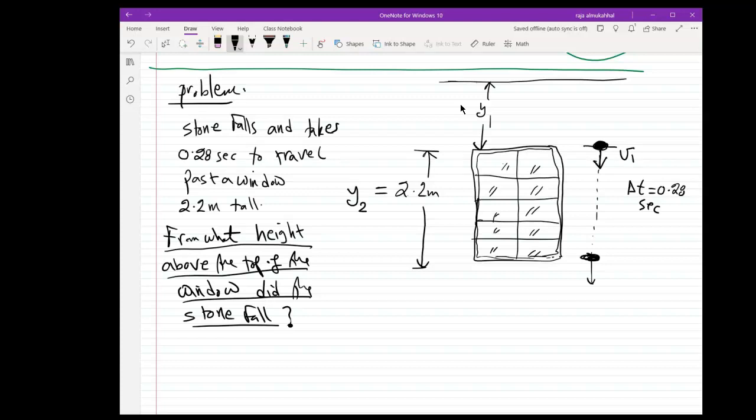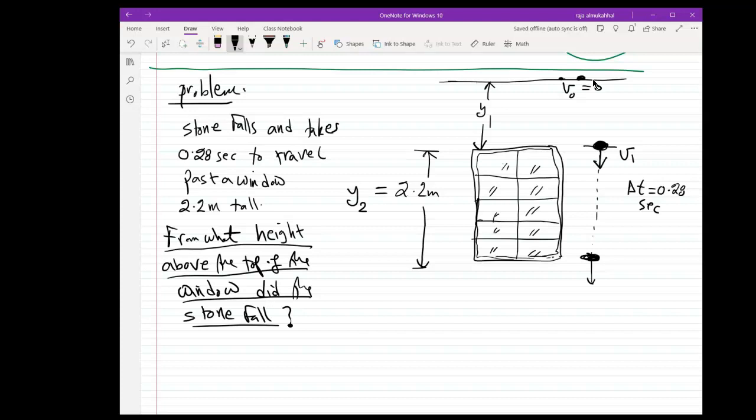We don't really care about the velocity here because it already left the window. Now, because the stone was thrown from the top of this unknown height, we can assume that the initial speed of the stone here is 0. Make sense? When the stone was here, the initial speed of the stone is equal to 0. All right? Okay.